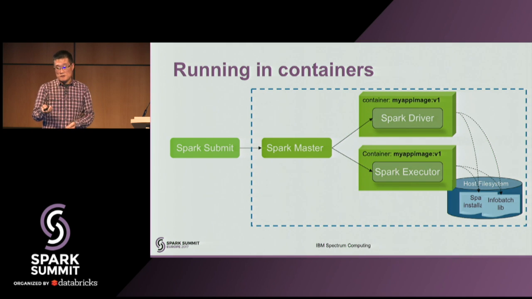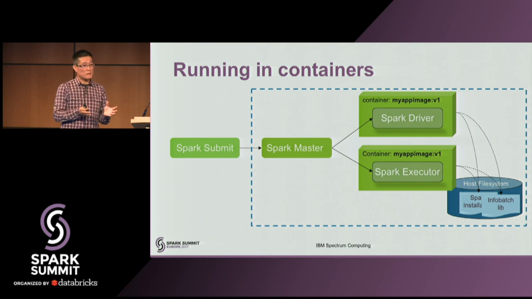And this container will automatically mount all the dependencies that Spark needs, like the Spark installation from the host file system, as well as the things you defined, like, I made up the name info-bench.lab, right? So then your workload is good to go. Actually, this is the solution we use to migrate an existing Spark workload into a container-based one.